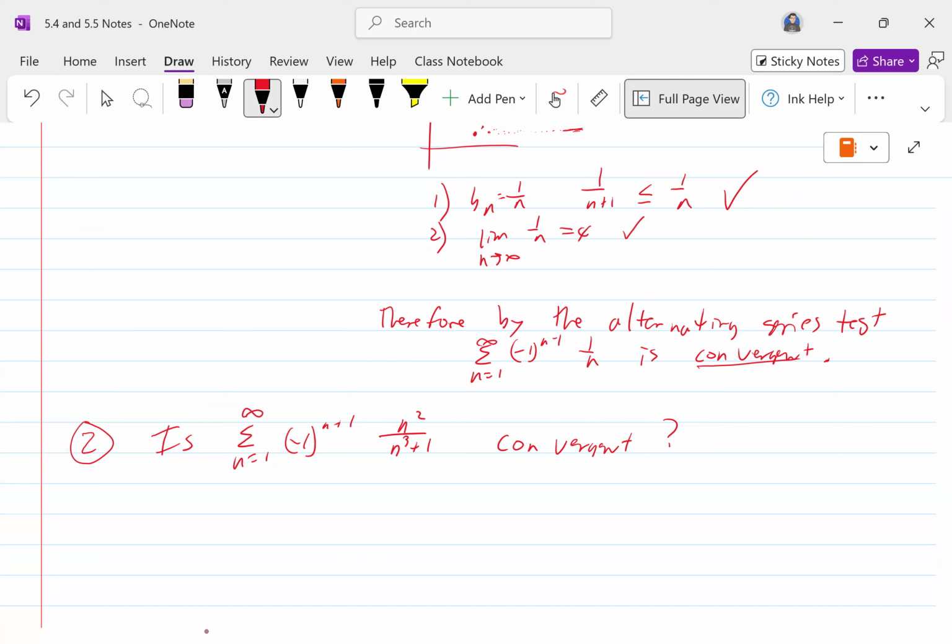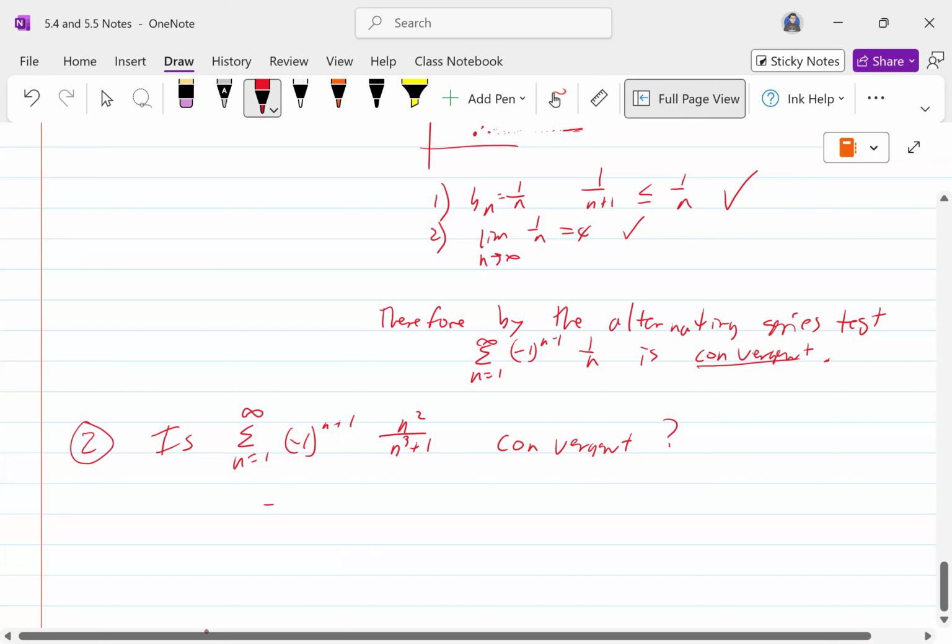If we wrote out a few terms, you would see that this is going to be negative 1 to the second power times 1 squared over 1 cubed plus 1, plus negative 1 to the third power times 2 squared over 2 cubed plus 1, plus, and this is going to go like that forever. This becomes 1 times 1 over 2. This is negative 1 times 4 over 9.